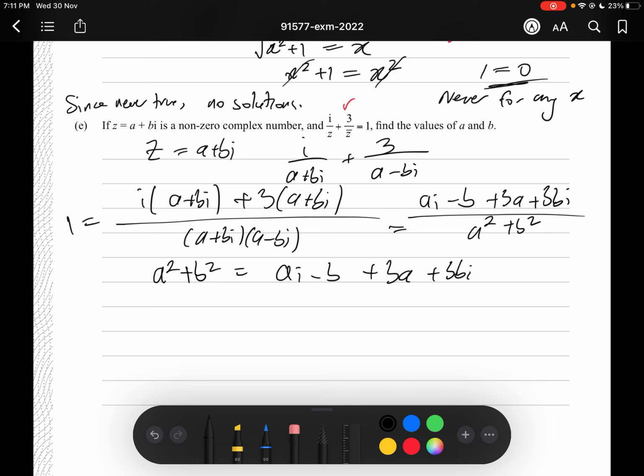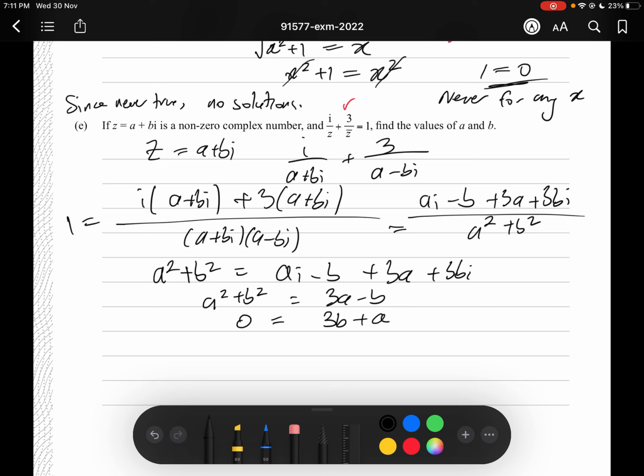So in this case, again, as with question D, we're going to make the real part equal to the real part and the imaginary part equal to the imaginary part. So the real part on the left-hand side is a squared plus b squared, that's equal to 3a minus b. The imaginary part on the left-hand side is 0, so 0 is equal to the imaginary part on the right, which is 3b plus a.